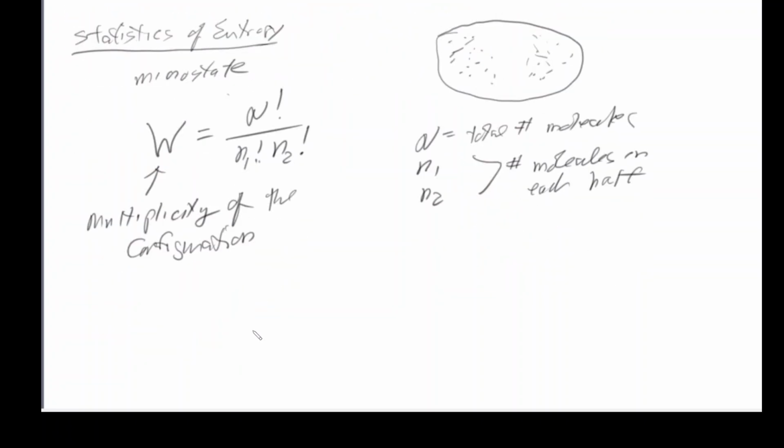In other words, the number of ways the microstates can be configured, or the number of microstates that are possible. And it's similar to flipping a bunch of coins. Some will land heads up, some will land tails up, and each coin, whether it's heads or tails, is one microstate.